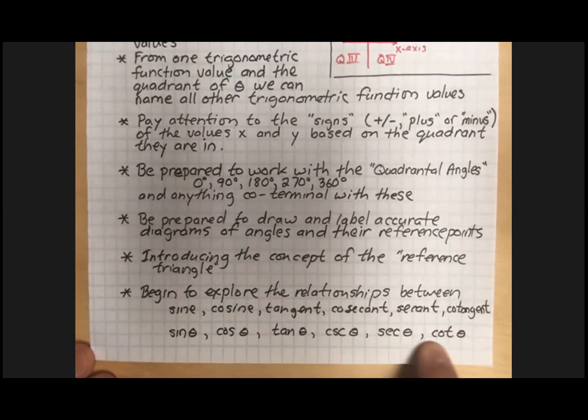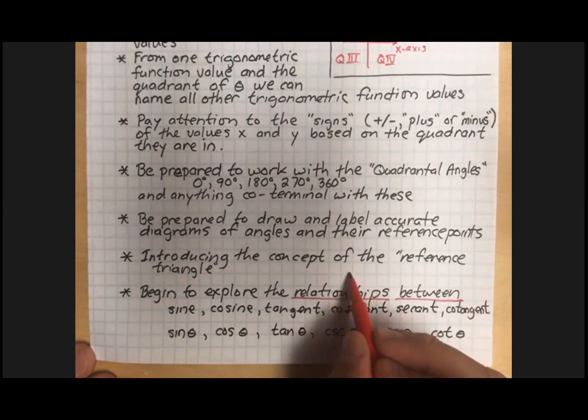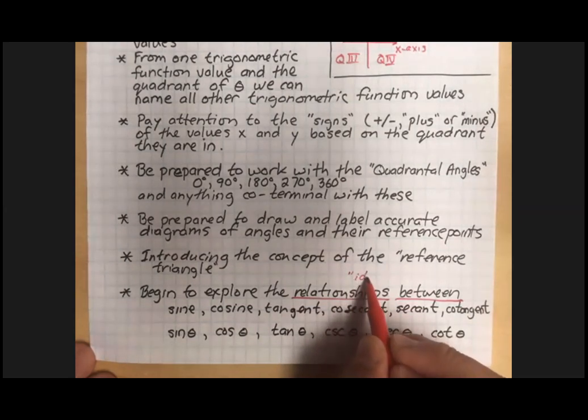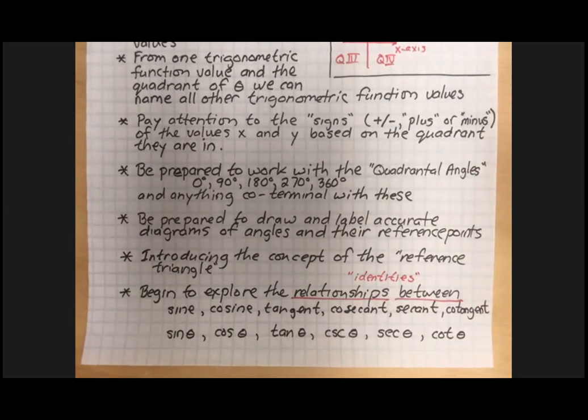These are the names of the 6 trigonometric functions. And those relationships between these functions have a special name. They're called identities. So that's what we're going to begin to work on in a small way in section 1.5.